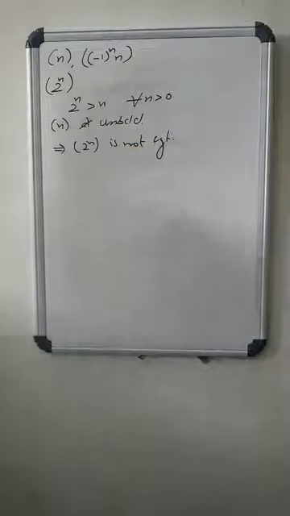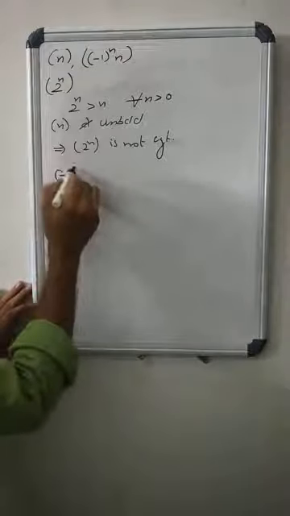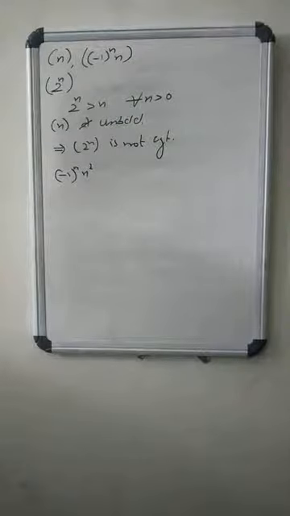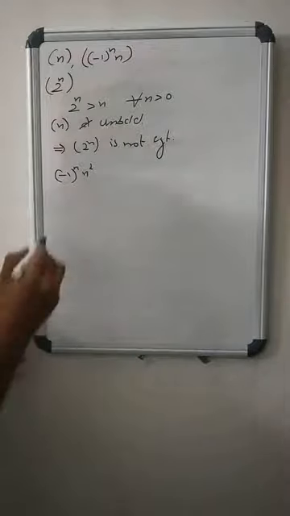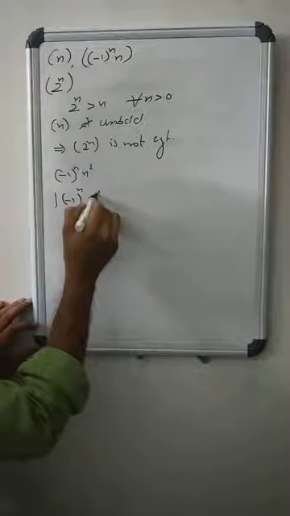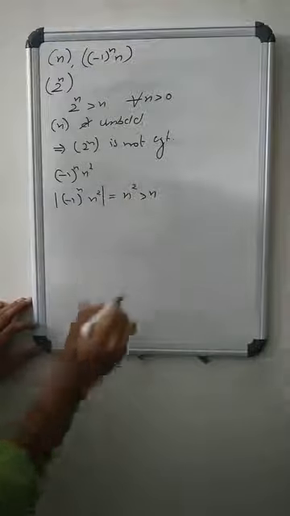Agree? Okay. What about the sequence (-1)^n times n squared? We know that the modulus of (-1)^n times n squared equals n squared, which is greater than n.